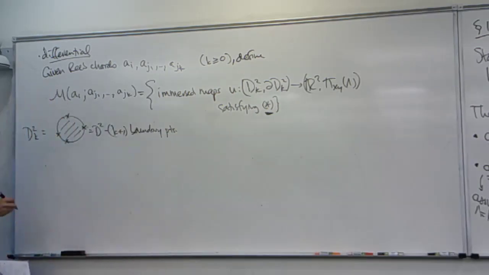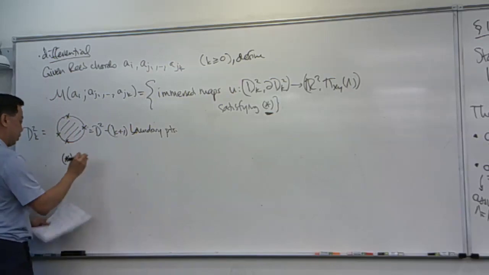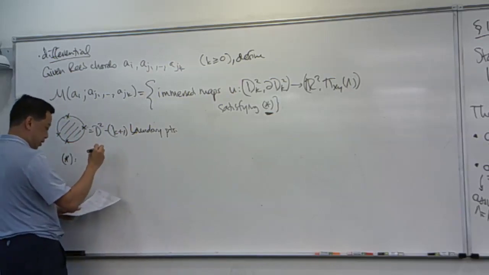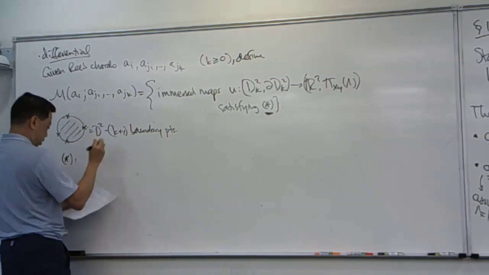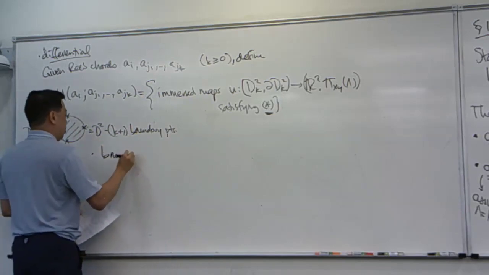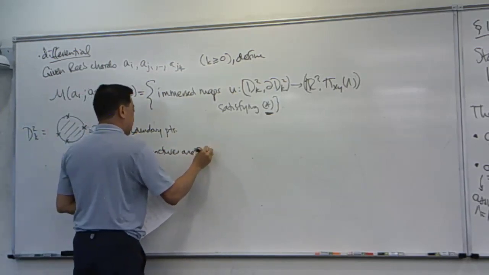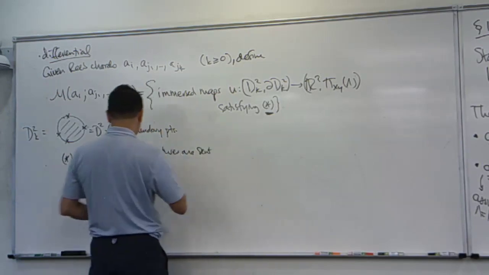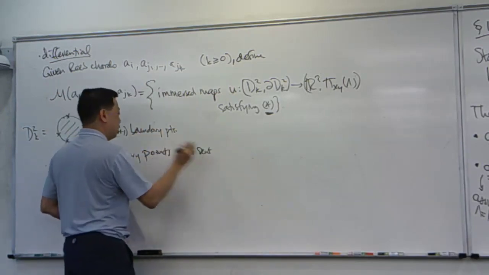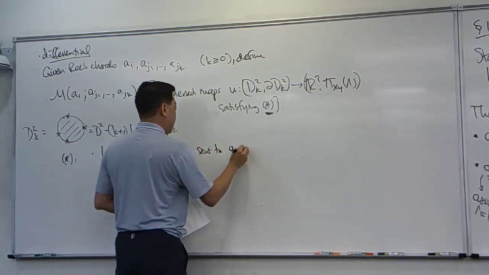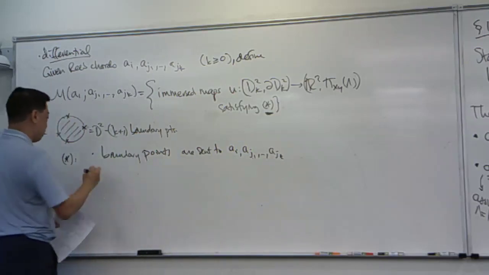The key is this thing that I haven't told you what they satisfy. This is several things. One of them is that these boundary punctures, or neighborhoods of the boundary punctures, are sent to the boundaries.